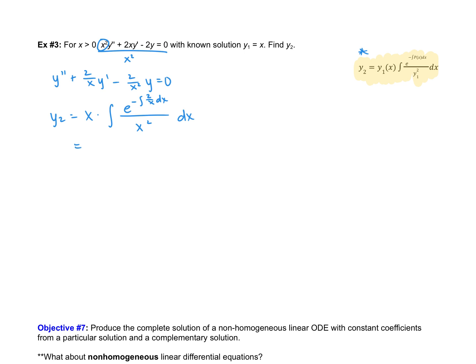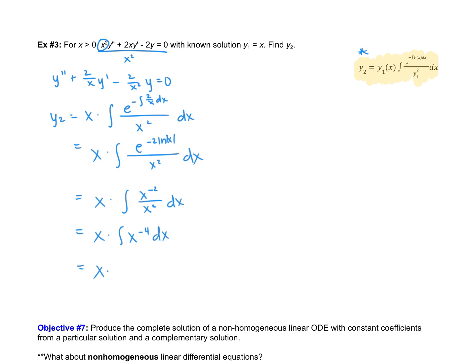Okay, so I'm going to have to start with the initial integrating. So I get e to the negative 2 natural log of x over x squared dx. So that will give us x multiplied by the integral of x to the negative second over x squared dx. So this is x multiplied by the integral of x to the negative fourth dx.